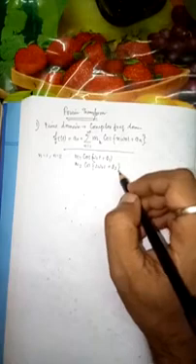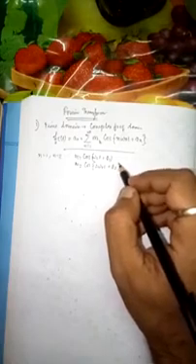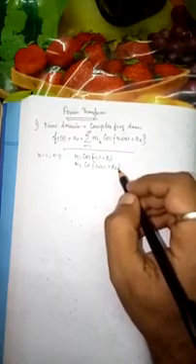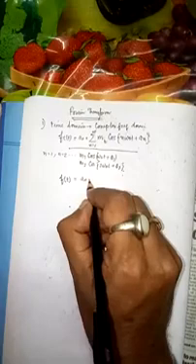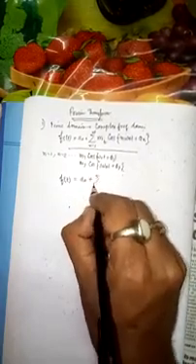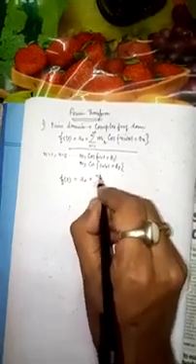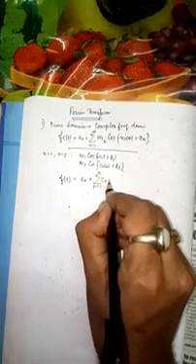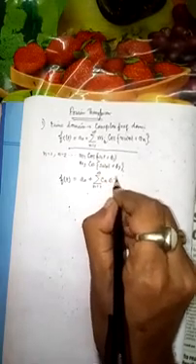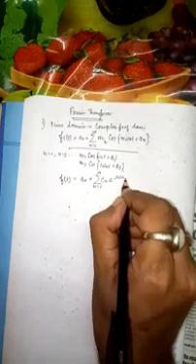If you write all these harmonics in a complex dimension, we get f of t equals a0 plus summation n equals 1 to infinity c of n e to the power j omega n t.